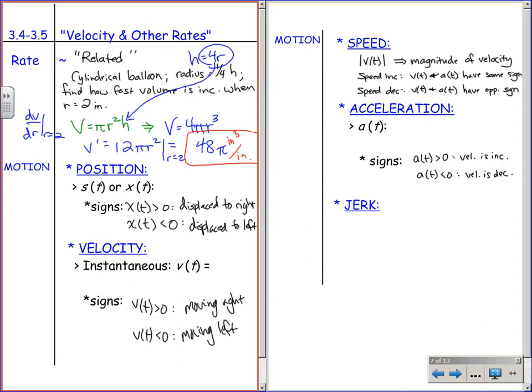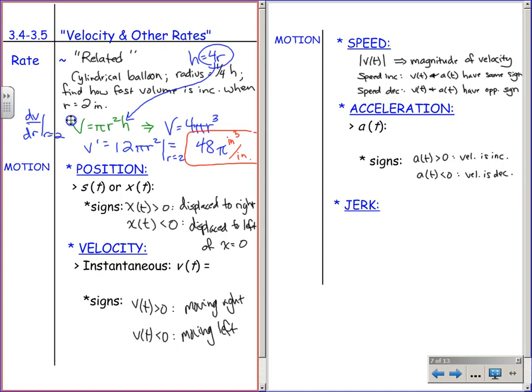Yes, but the starting position could also be positive or negative, which is also to the right, to the left. So is the starting position necessarily my reference point? No. So it's displaced to the right or to the left of some sort of point of reference.